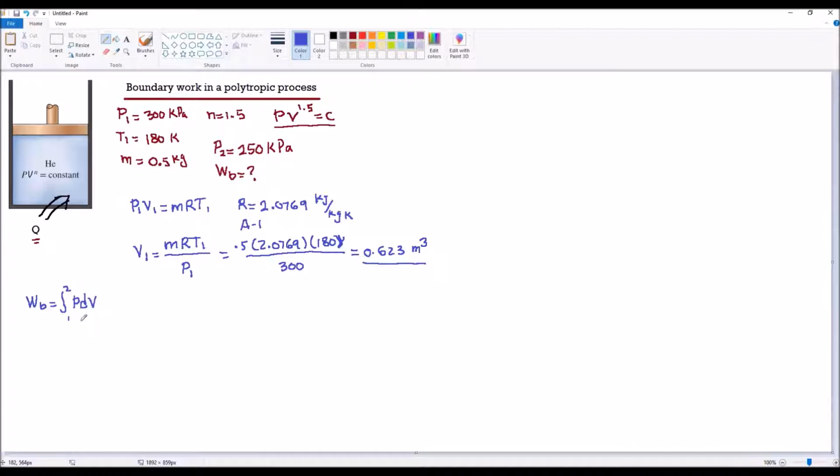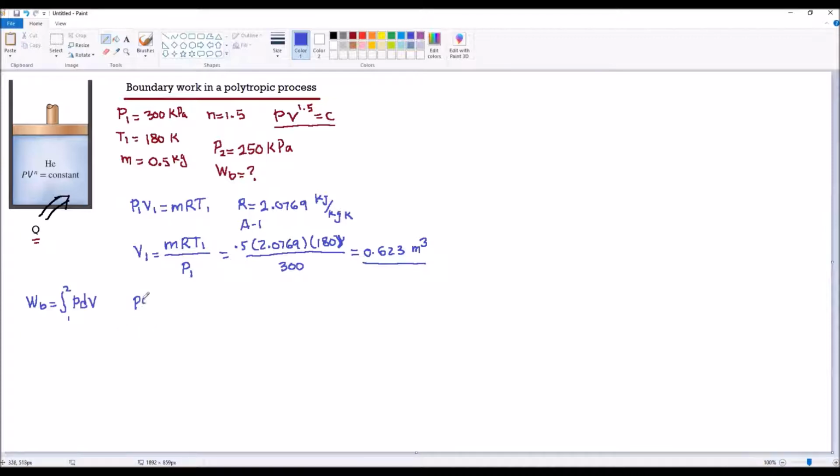So the boundary work is equal to the integral of P times dV from state 1 to state 2. Now we need to have a functional relation between pressure and volume to be able to calculate the integral.